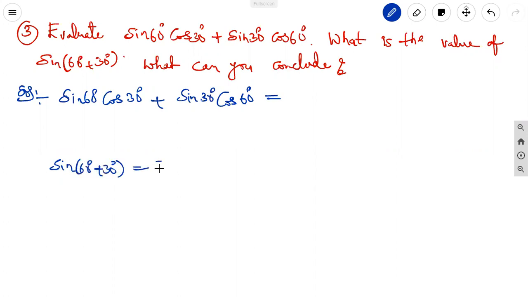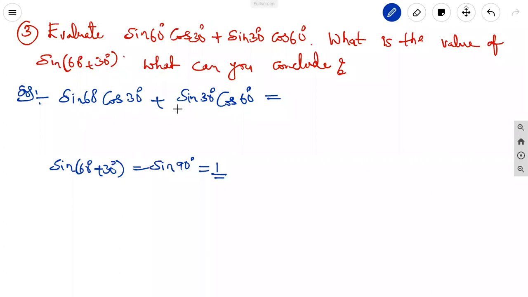It is equal to sine 90 degrees, which is equal to 1. Just to simplify, we find the value of this expression and check whether it is equal to 1 or not. If both are equal to 1, then we can say that sine 60 cos 30 plus sine 30 cos 60 equals sine of 60 plus 30.